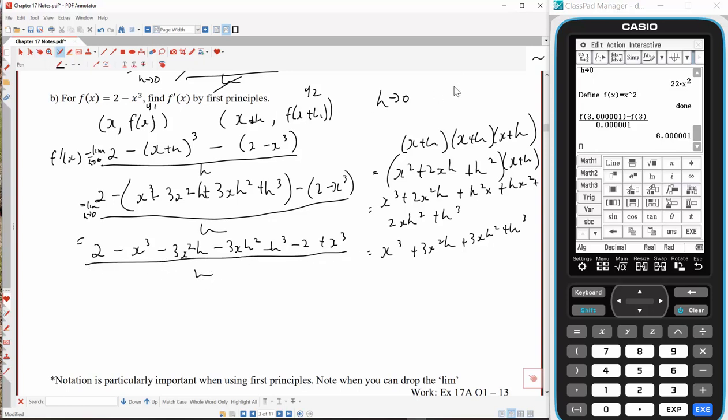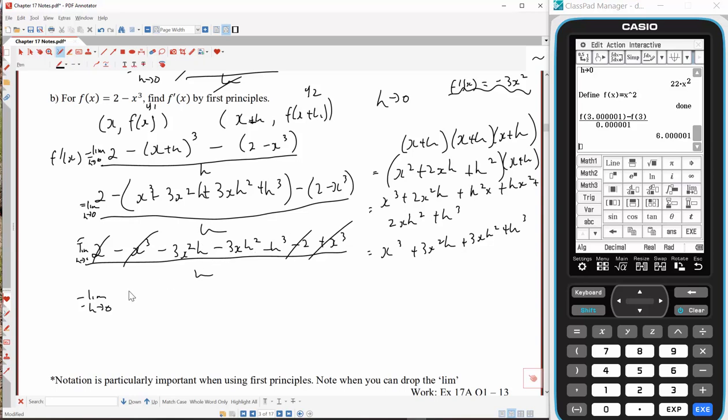Now, mind you, I know that the answer will be f dash x equals negative 3x squared. So I know that that's what my target will be. You'll know that as well. Oh, bugger. I've just forgotten to put it in again. Equals the limit as h approaches 0. All right, so there goes the 2's. There goes the x cubes, leaving us with only terms with h in it.